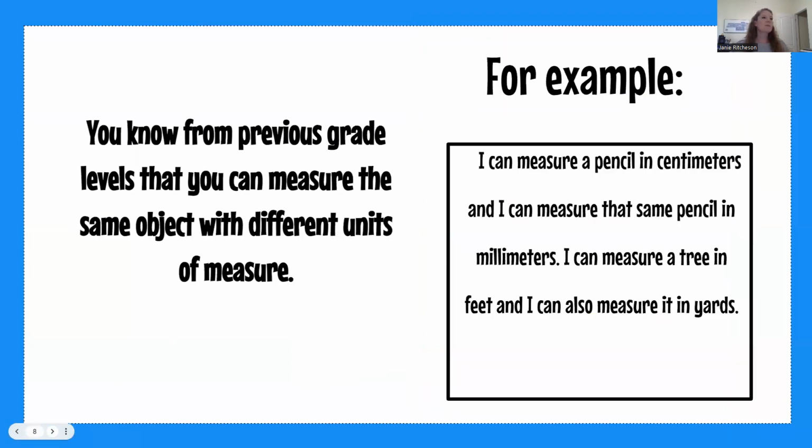All right, so you know from previous grade levels that you can measure the same object with different units of measurement. For example, I can measure a pencil in centimeters or in millimeters. I can measure a tree in feet, or I could also measure a tree's height in yards.